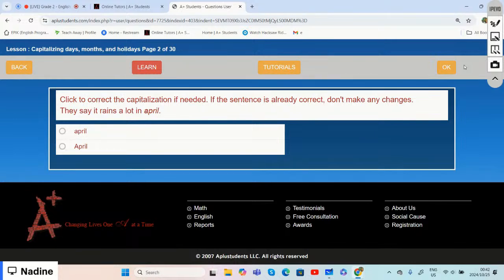All right. So they say it rains a lot in April. We need to choose the correct option now. The month of the year. Is it option one for April or option two for April? Which one is correct?